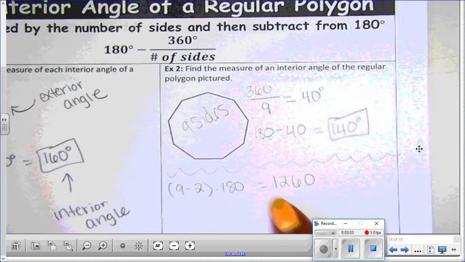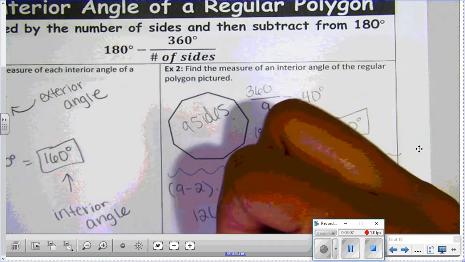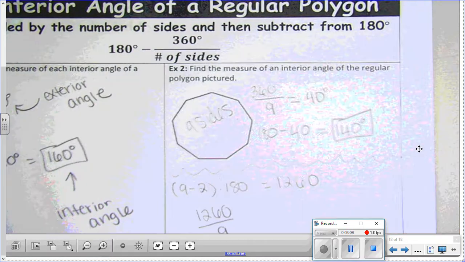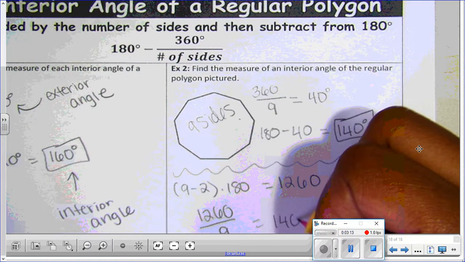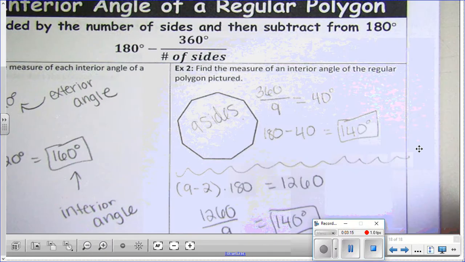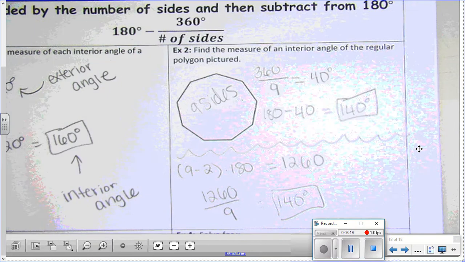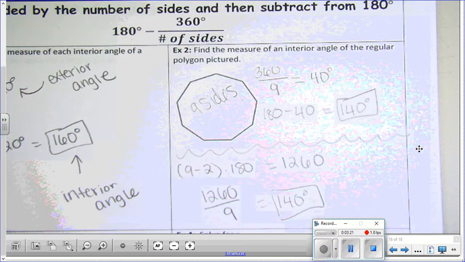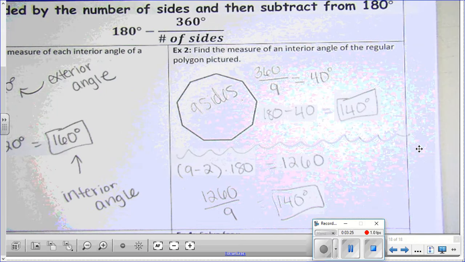Now, if all of them have to add up to 1260, and we have 9 of them, we can also do 1260 divided by 9, and we end up with 140 degrees. So either method works. Any questions about either one of those? How I got there? Okay, good.